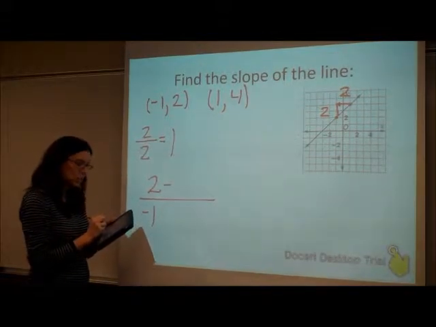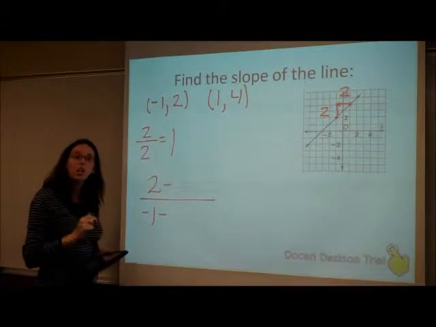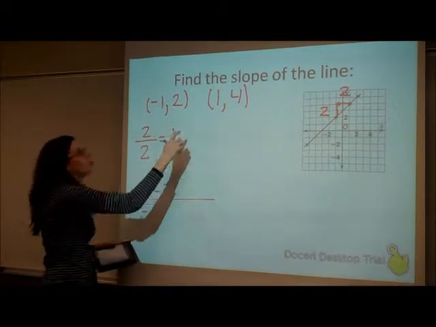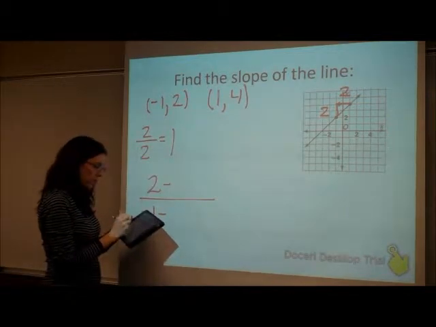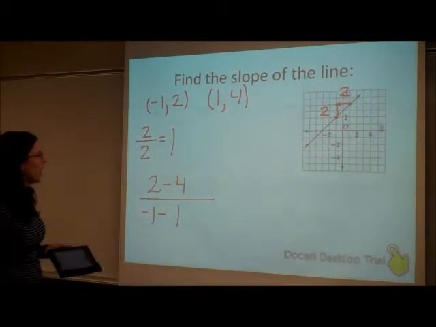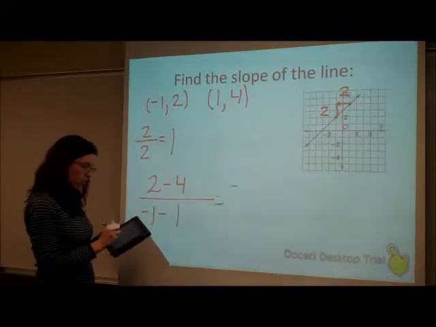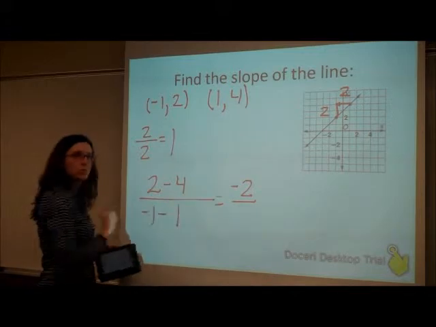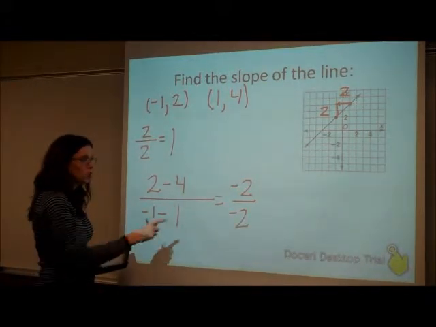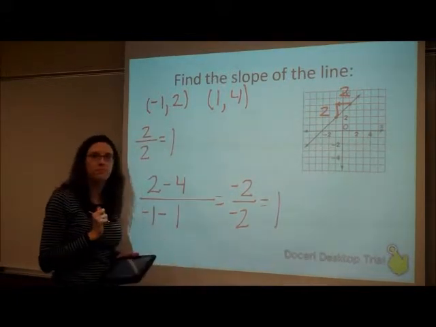Now, this is the change in our y and the change in our x, so we're looking at subtracting those. What is the difference? So now I'm just going to write my other point. 4 over 1. Okay, so if you take 2 and subtract 4, you get -2. If you take -1 minus 1, you get -2. What does this simplify to? 1.